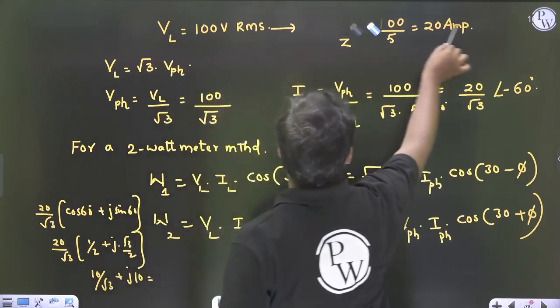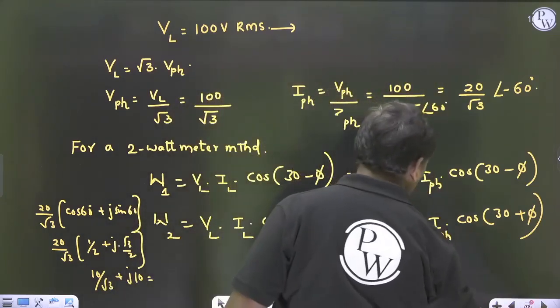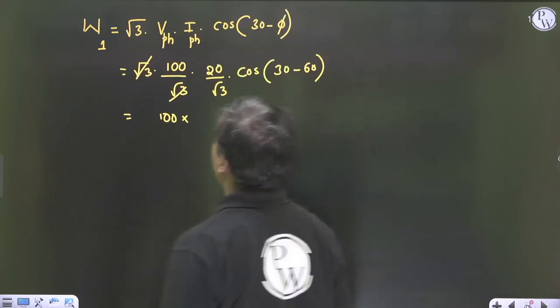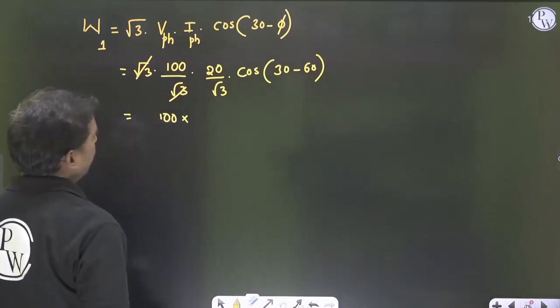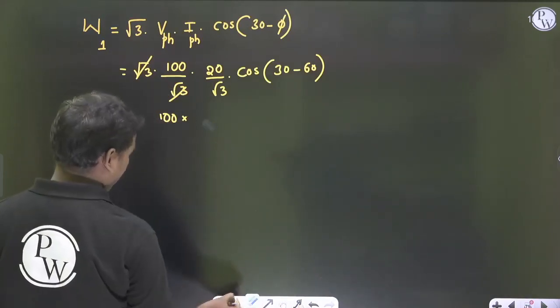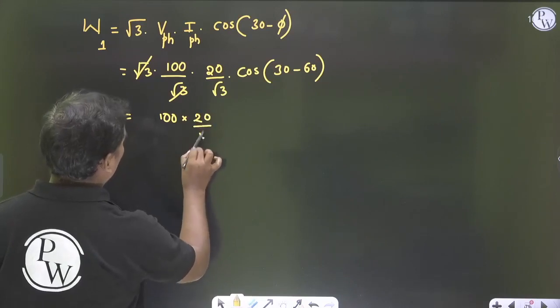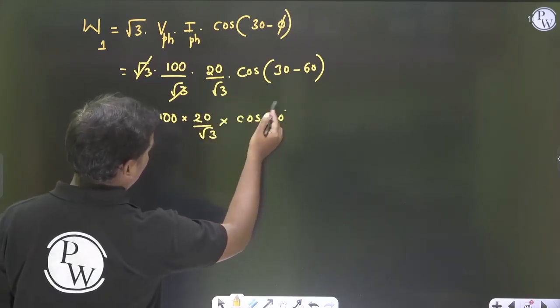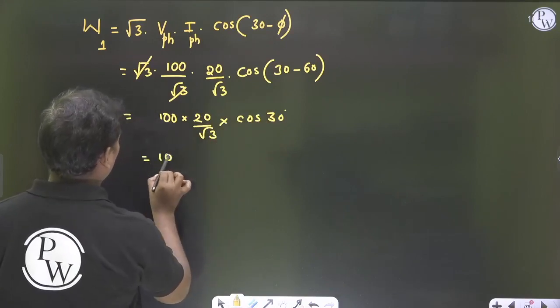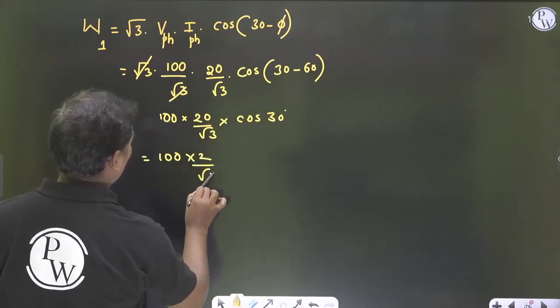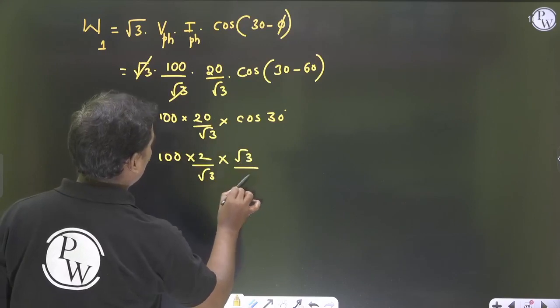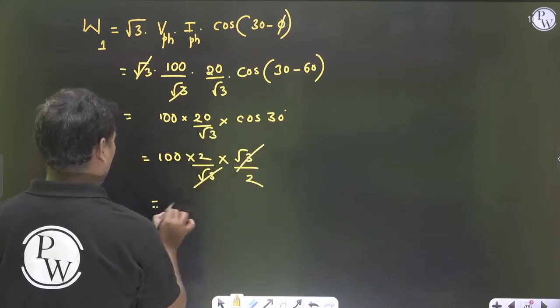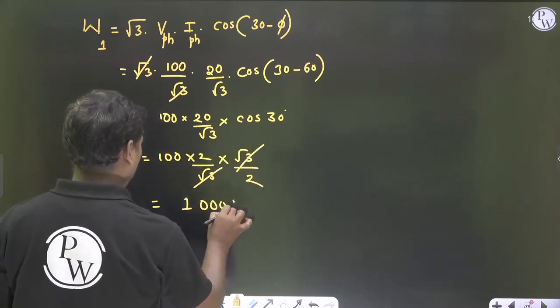Check here. Now if you check, this is 100 into 20, cos of 30 minus 60, which is cos of minus 30, that is cos 30, so 100 by 2 root 3. This is root 3 by 2. It cancels, so the answer is 1000 watts.